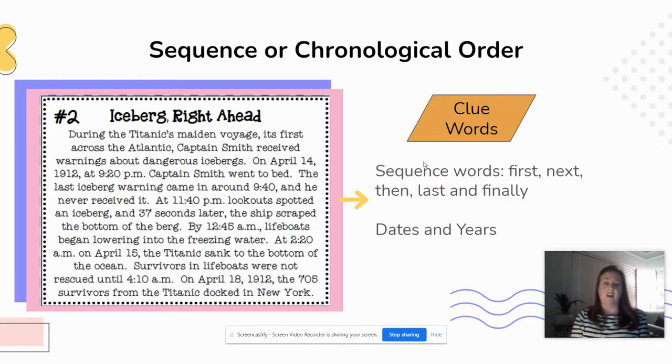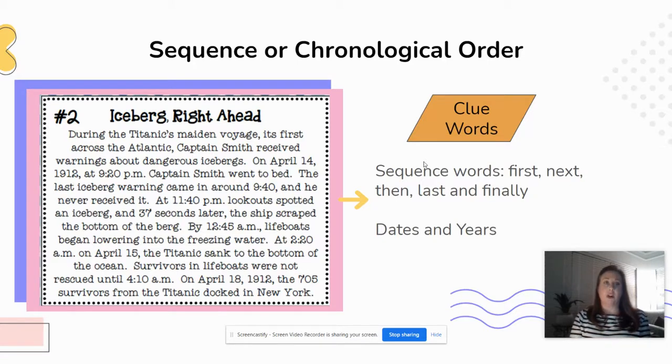By 12:45 a.m., lifeboats began lowering into the freezing water. At 2:20 a.m. on April 15th, the Titanic sank to the bottom of the ocean. Survivors in lifeboats were not rescued until 4:10 a.m. On April 18, 1912, the 705 survivors from the Titanic docked in New York.